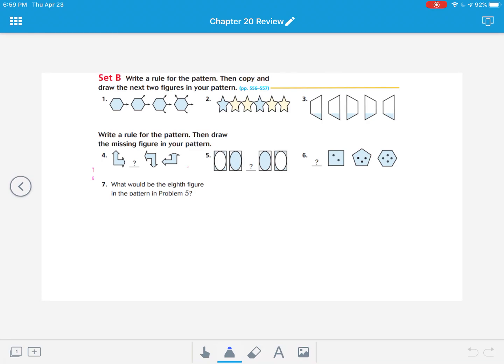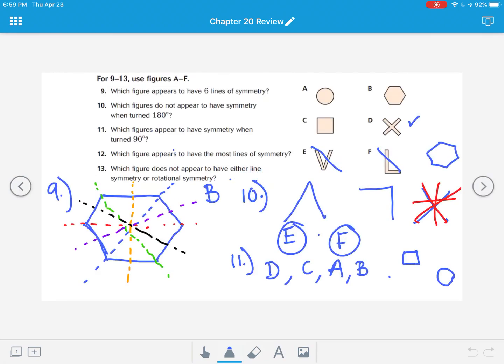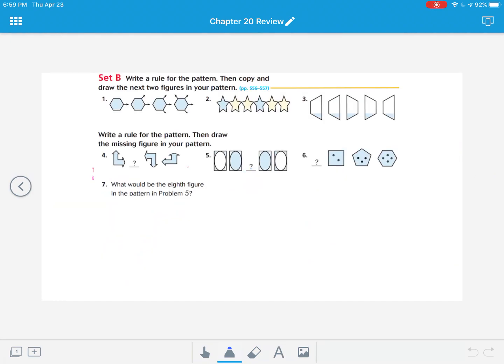So, the next part that you need to do is to go onto the Google form and take the quiz. Most of the questions are about lines of symmetry and turns. There is one question on patterns, which is what this next section was. I'm not going to go over this with you right here and right now.